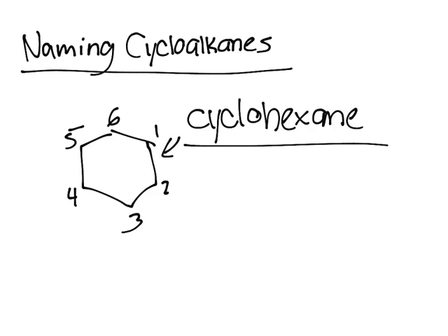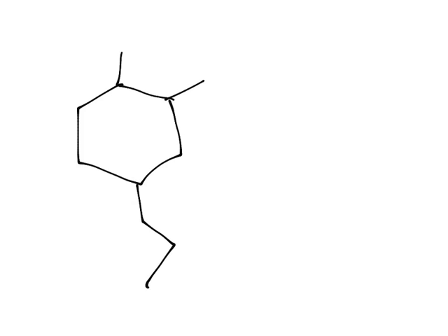And so let's add some stuff onto that. For example, let's do something like this. Once again, the ring is the main structure, so this would once again be a cyclohexane.